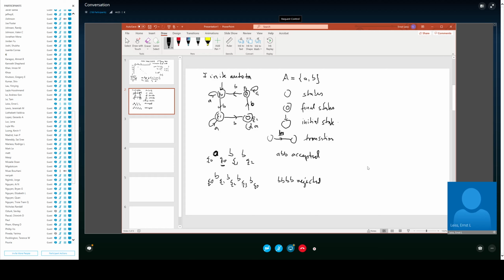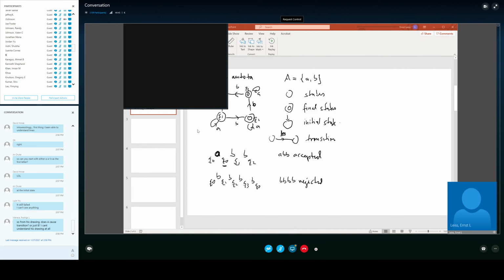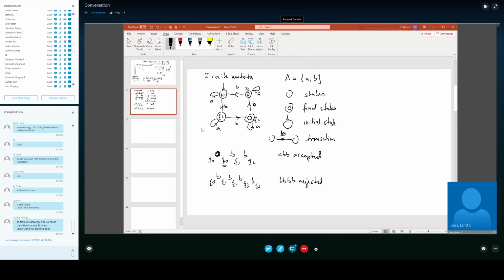Now, if we look at what happens with the letter B, we start in Q0. What was that question? A is a letter of the alphabet, little a, and little b is a letter of the alphabet. And now what we're doing is we play this game given a word.